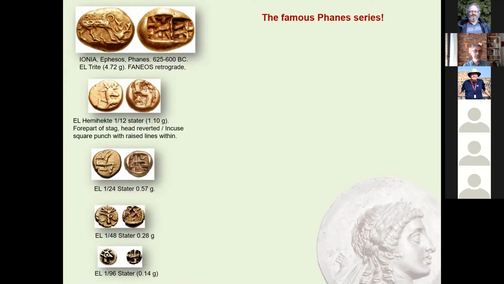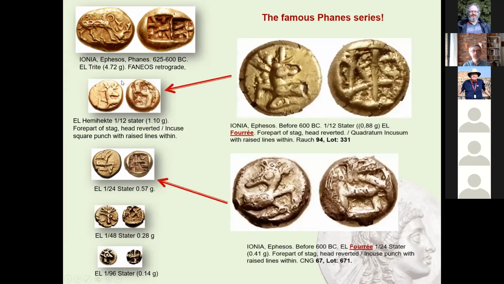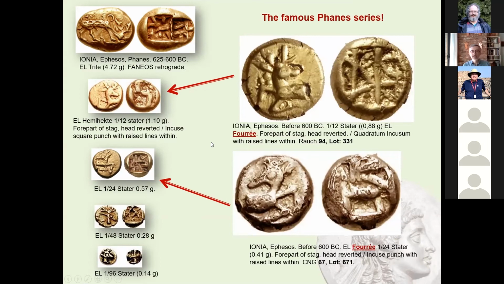And this one, being different from the Lydian examples, bears a Greek inscription which can be read easily, and it says, I am the sign or badge of Phanes, and counterfeiters were following them too.